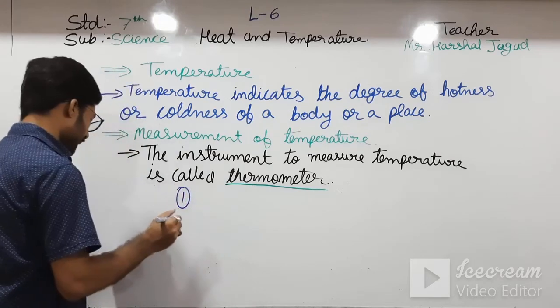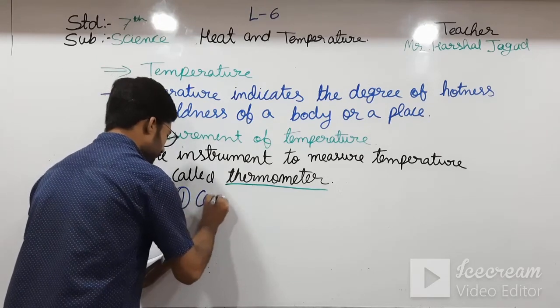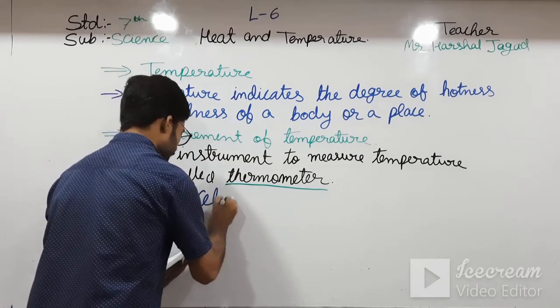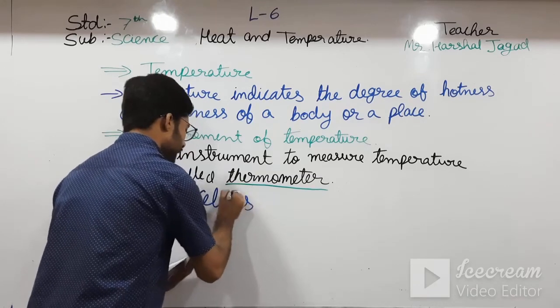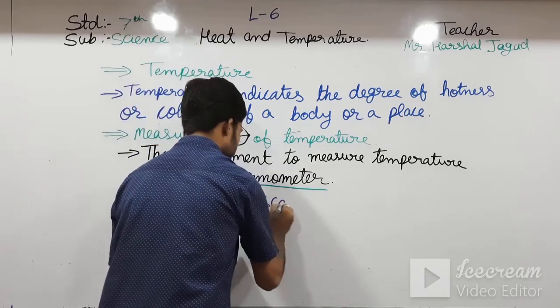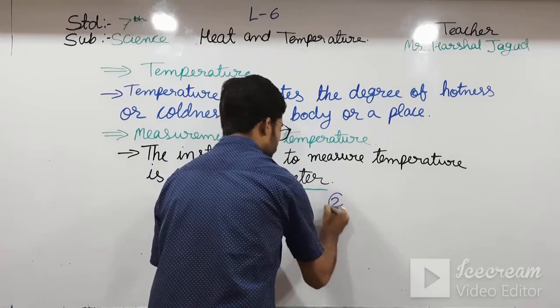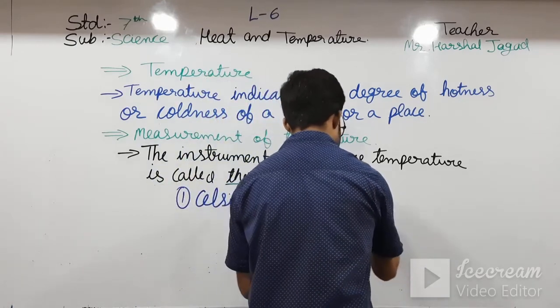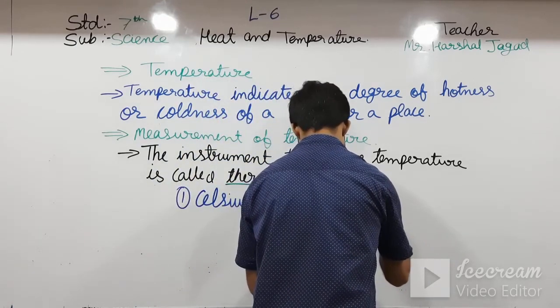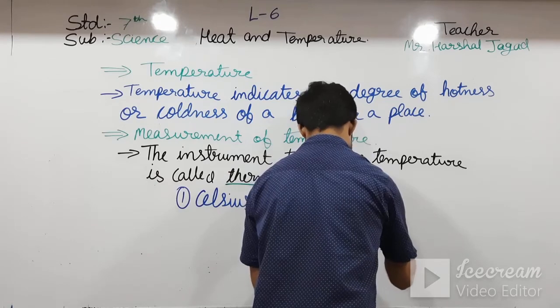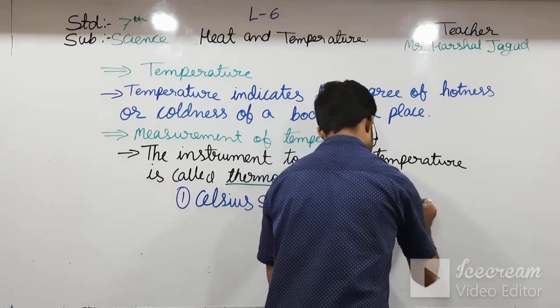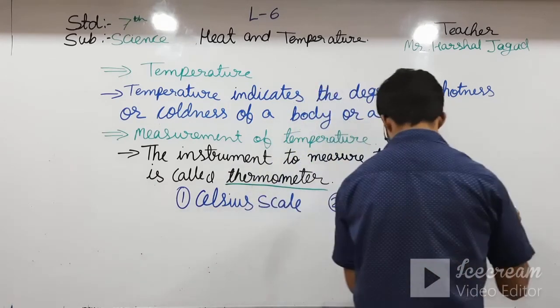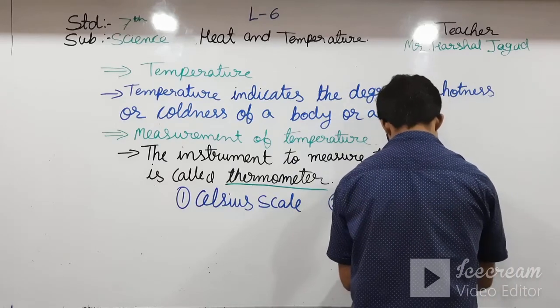The first scale is Celsius scale. The second one is Fahrenheit scale.